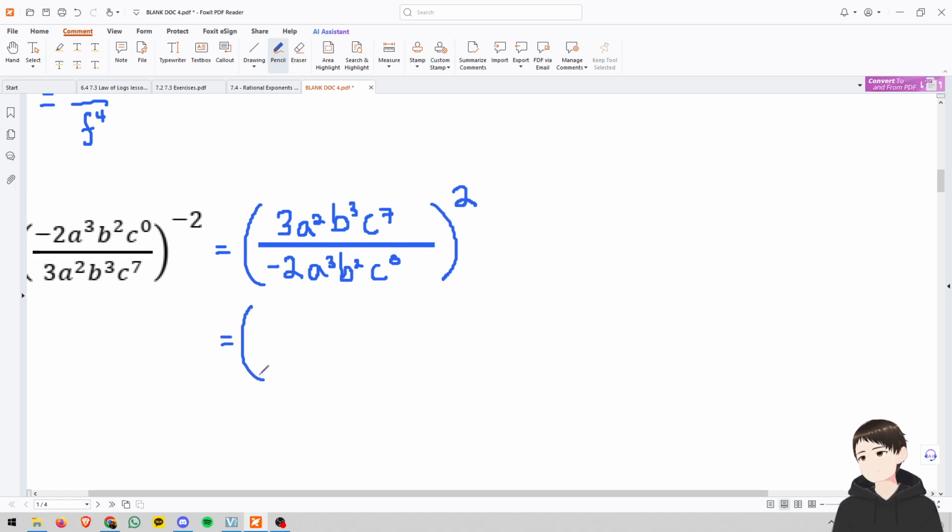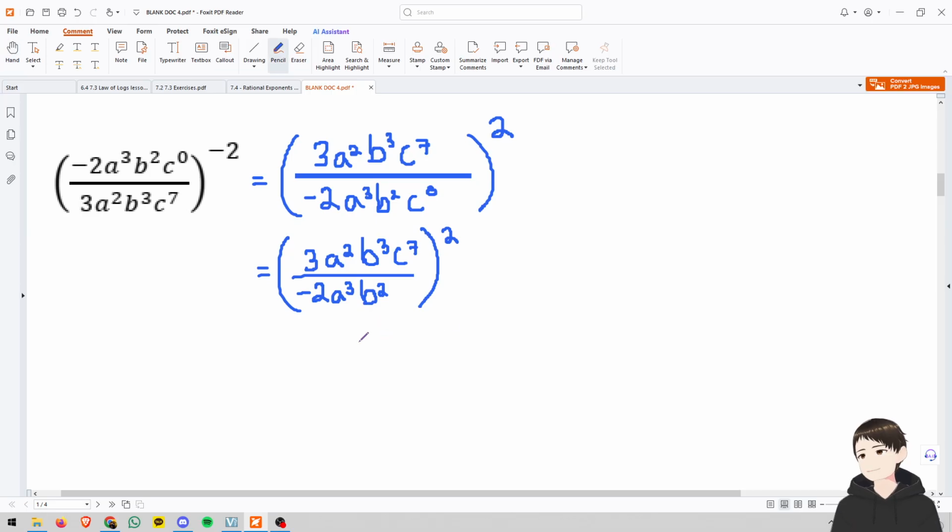Let me clean this up. This is 3a squared b cubed c to the 7 over negative 2a cubed b squared and nothing. That's just a 1. And why would I write a 1 when you're multiplying with 1? It just doesn't change. Next, let's keep going.